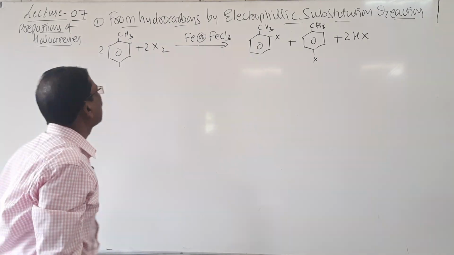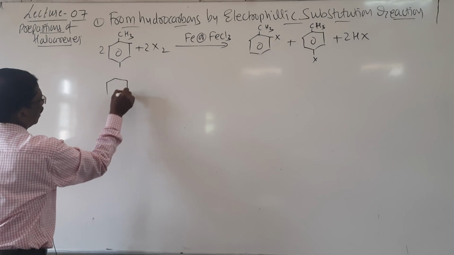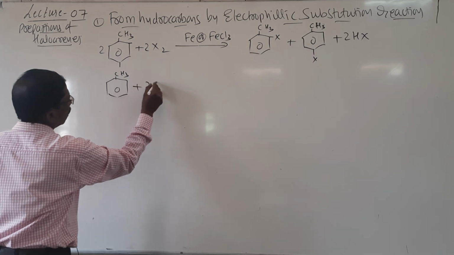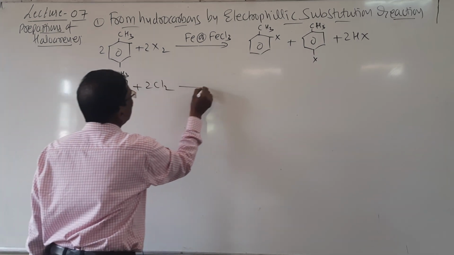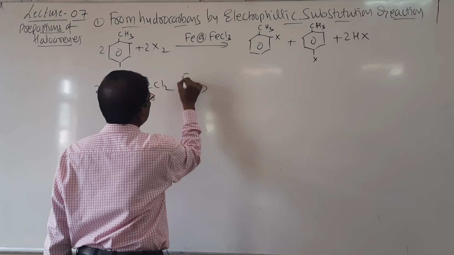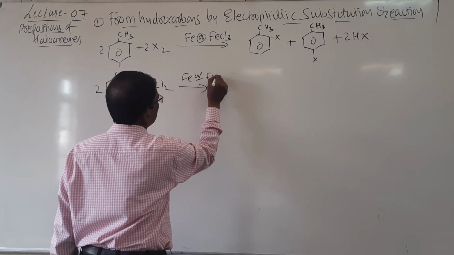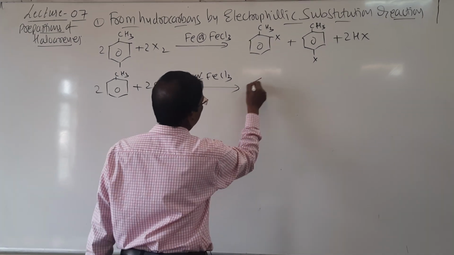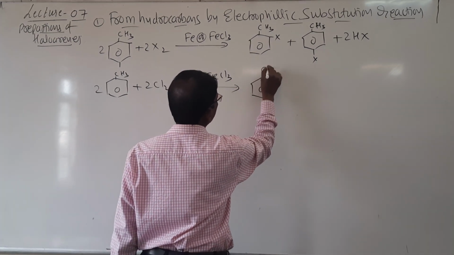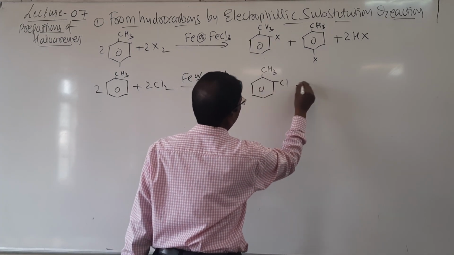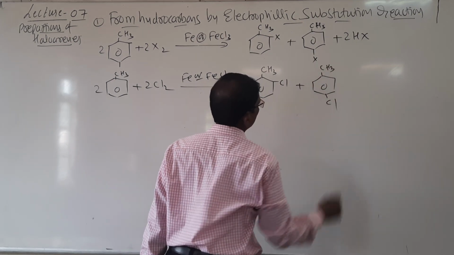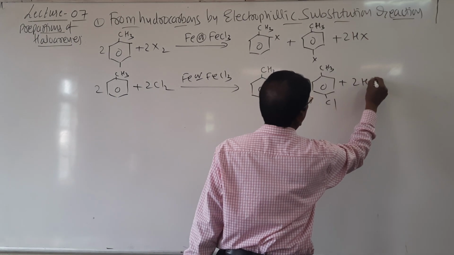So if we take an example for this, when toluene is treated with chlorine in presence of Fe or FeCl3, which is a Lewis acid, it forms CH3Cl plus CH3Cl plus 2HCl.